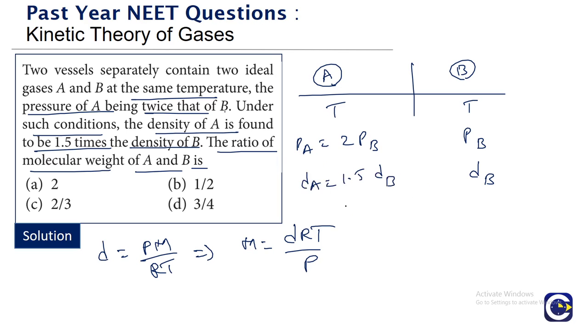So using this data we have to find the ratio of the molecular weights of A and B, means we have to find MA by MB. So what is MA by MB?